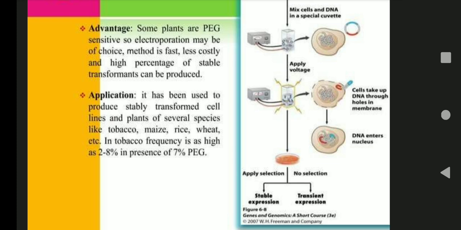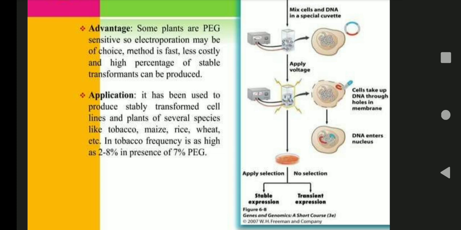Some plants are polyethylene glycol sensitive, and in such cases we can use electroporation as a fine choice for the transformation technique. In application, it is widely used in transforming cell lines and plants of several species like tobacco, maize, rice, wheat, etc.